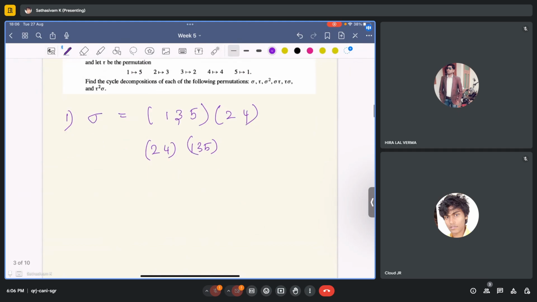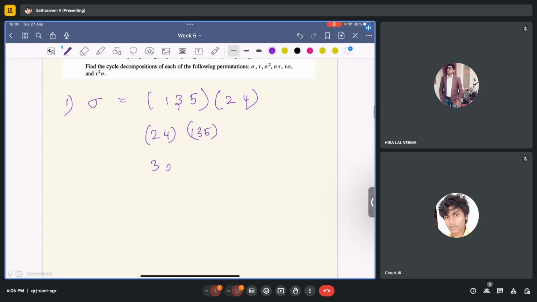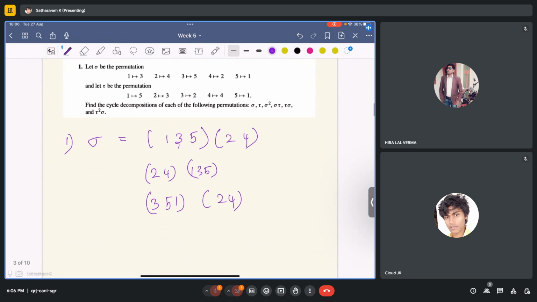If you start from 3, then 3 goes to 5, 5 goes to 1, and 1 goes to 3, so you get (3 5 1)(2 4). So there are many ways you can represent the same permutation. There is no unique way, so the cyclic decomposition in that sense is not unique.